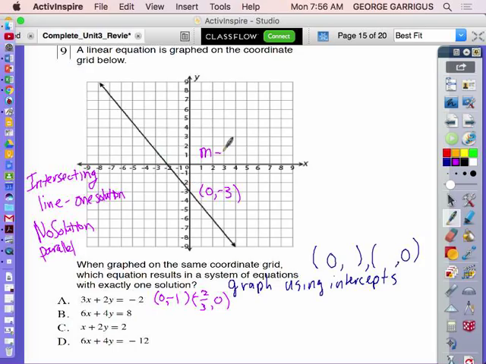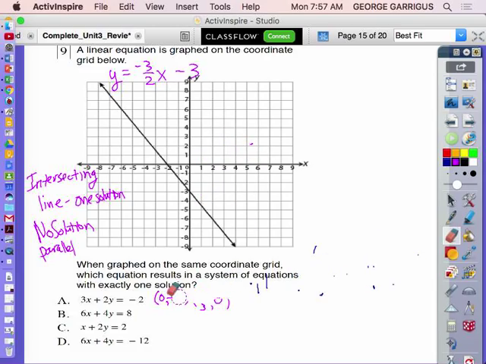So the slope is negative 3 over 2. So this line is y equals negative 3 over 2x minus 3. The only way we're going to be absolutely certain if we can find the line that doesn't intersect is to be more precise. So let's take each equation and rewrite it.